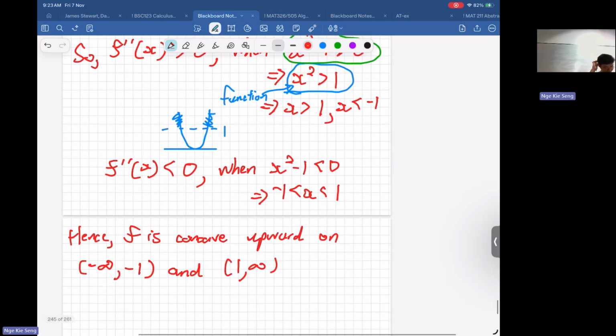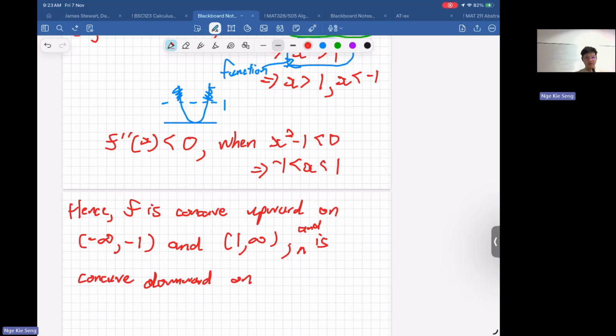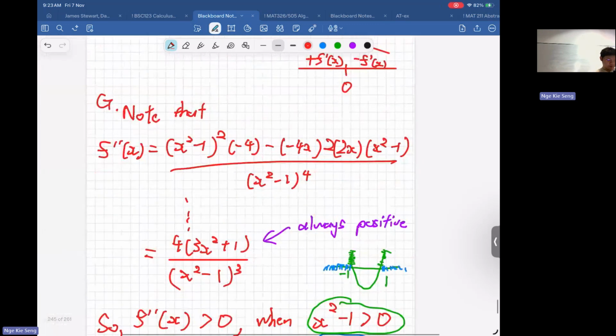There are two sides. And also, it is concave downward on minus 1 to 1. So this is exactly the shape we drew just now.